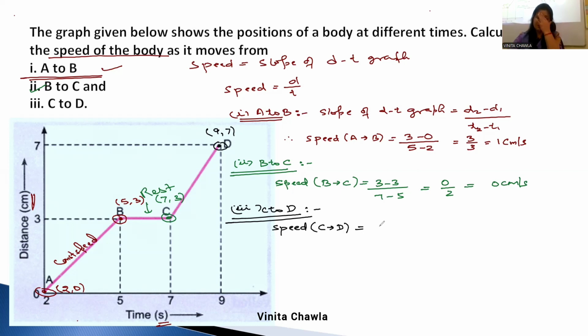The slope of the DT graph is d2 minus d1 upon t2 minus t1. We have the same formula. 7 minus 3 upon 9 minus 7. 7 minus 3 is 4. 9 minus 7 is 2. It is 2 centimeters per second.